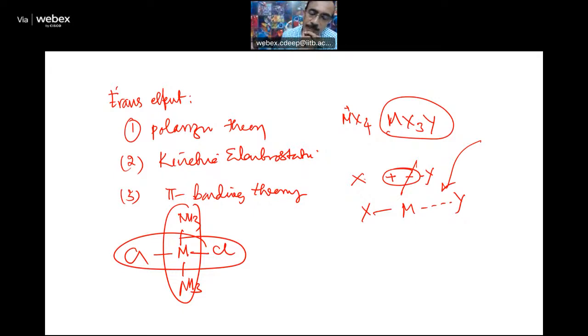In case of pi bonding theory, what happens if two ligands are there, one a weak back bonding and one a strong back bonding, and they are trans to each other? Let us say X and Y, and M is here. The M orbitals are something like this.